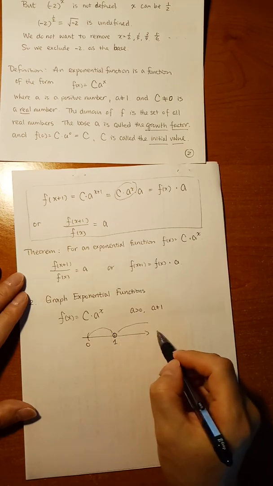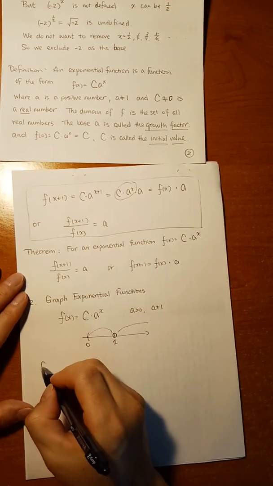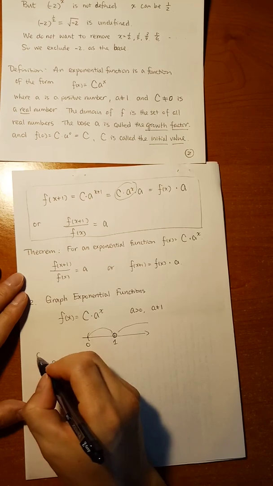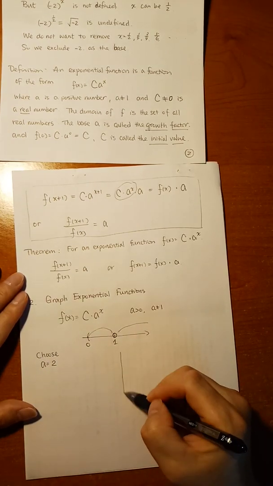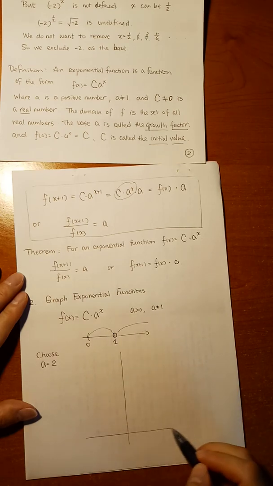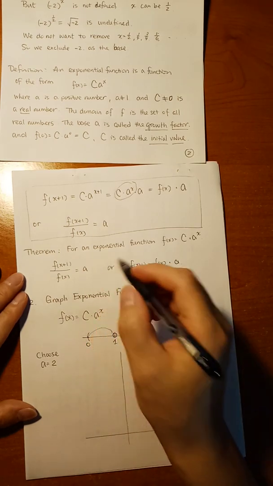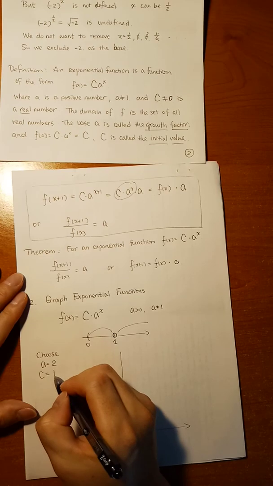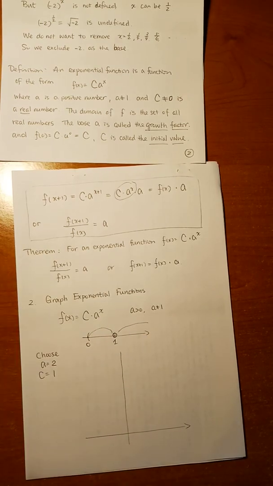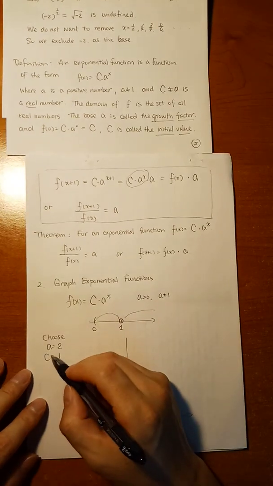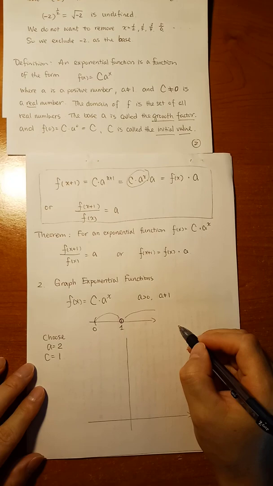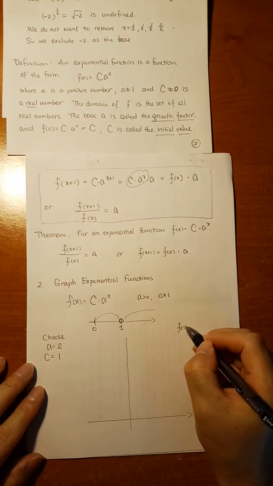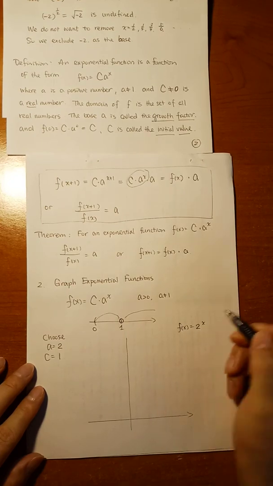For example, when a is greater than 1, let's just choose a is equal to 2. Of course, to simplify it, let's choose c equal to 1. We don't want a fraction of c. Okay, let's say this is f of x, now this becomes 2 to x.